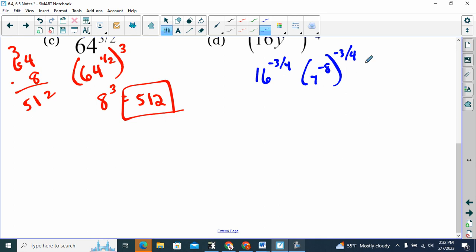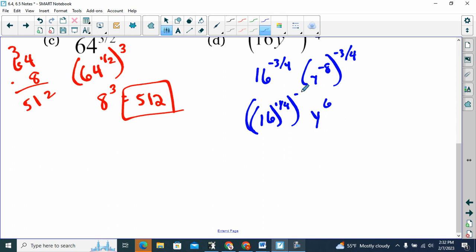Let's take care of this part first. I think it's the easier part. I have power of a power. When we do, we multiply the exponents. Negative times negative is positive. 8 times 3/4. 24 over 4 is 6. 16 to the negative 3/4. We're going to evaluate the same way we did the previous several. We're going to write it as 16 to the 1/4.